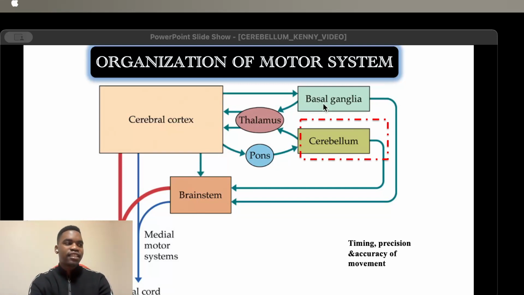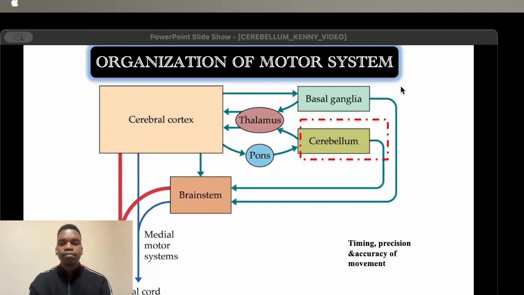It's like the cerebral cortex gives the code, like a music note. If you are a music person, someone gives you a note, and then you read the note and produce the kind of music that was ordered by that person.